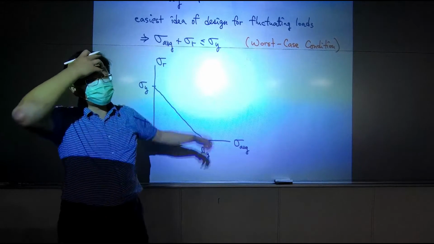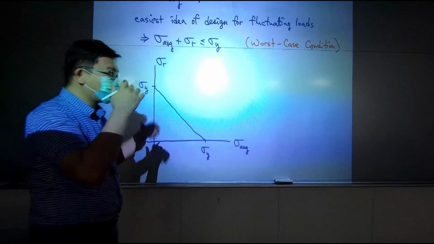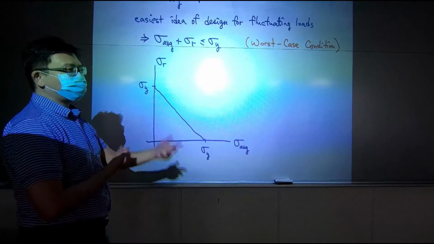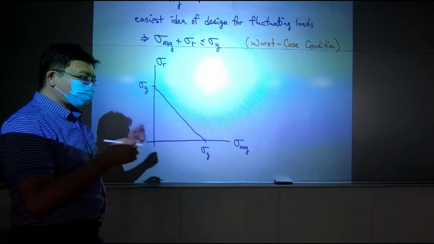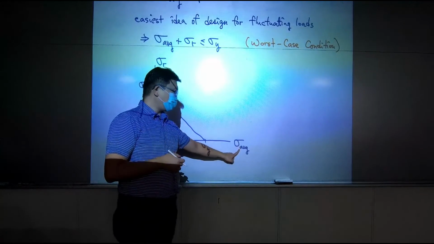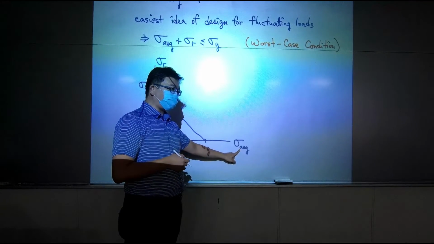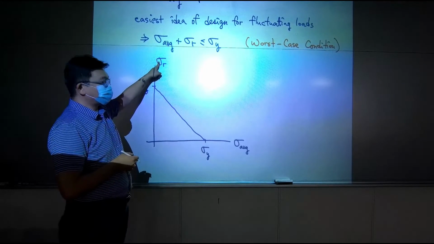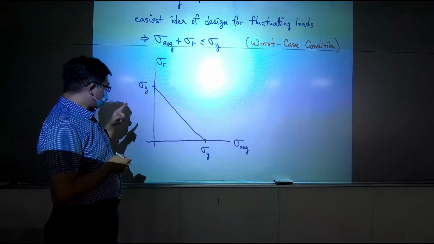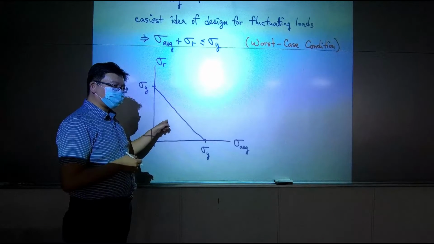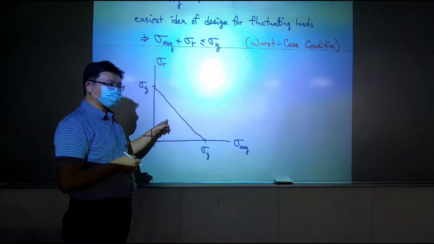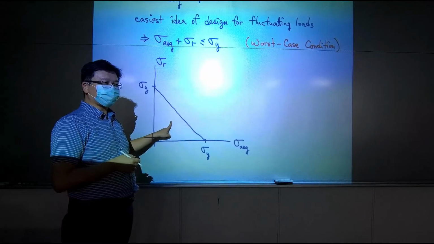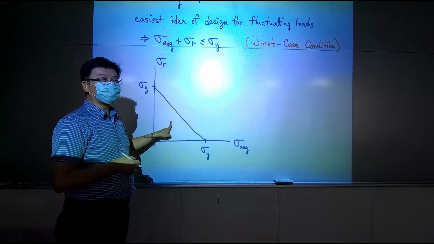So in the future, if you are carrying another kind of fluctuating load, you can study how much average stress you are carrying, and also how much range stress you are carrying, and you plot out the coordinate, and just see if it's inside the line.